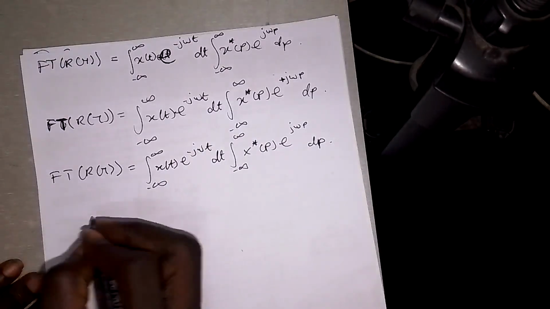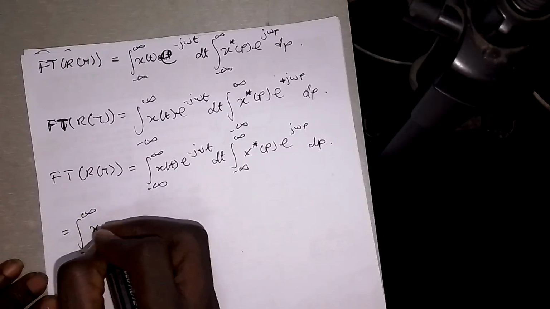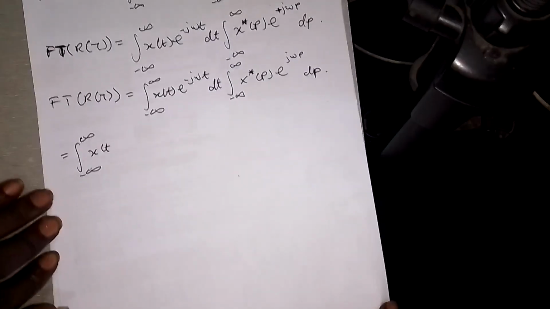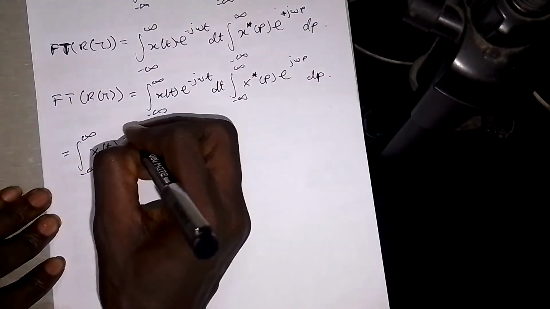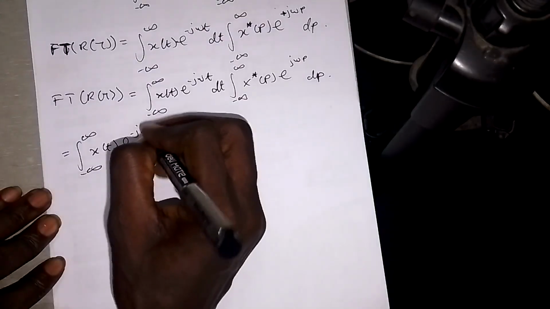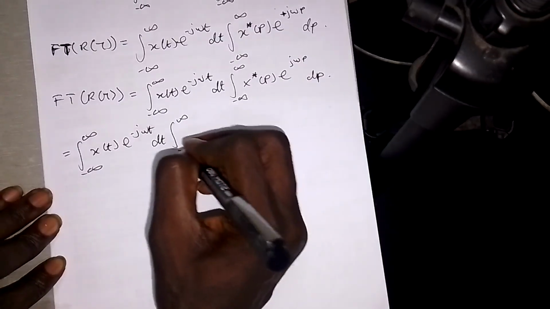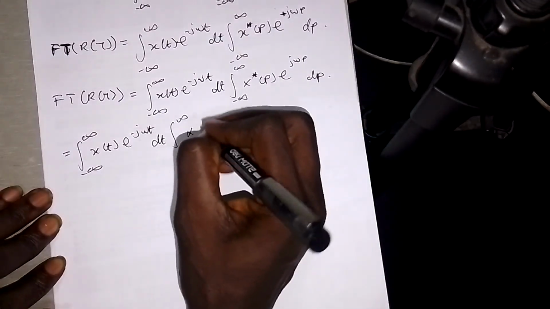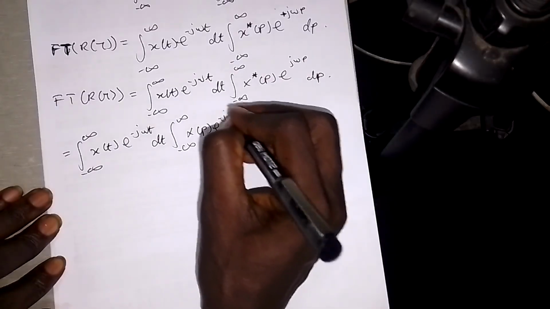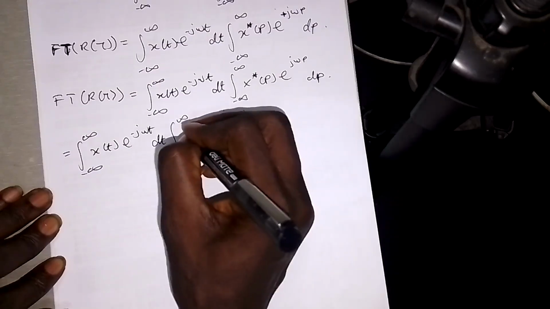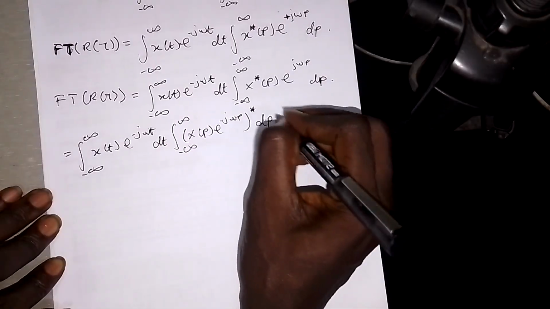In that case, it's going to be like this: x(t) e^(-jωt) dt, times x(p) e^(-jωp), where I bring the complex conjugate outside, dp.